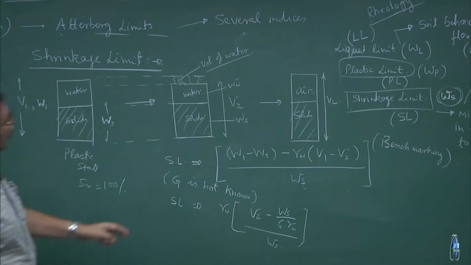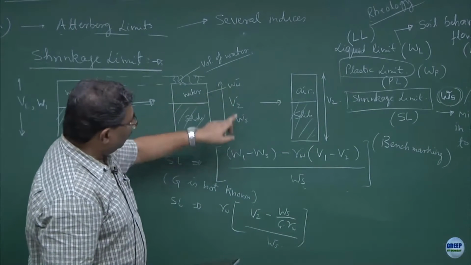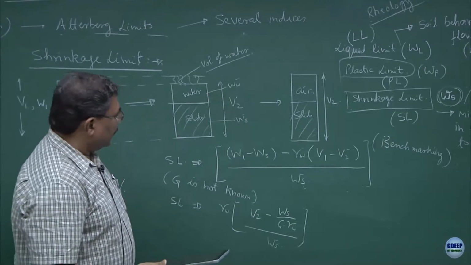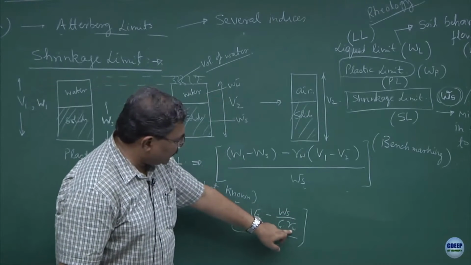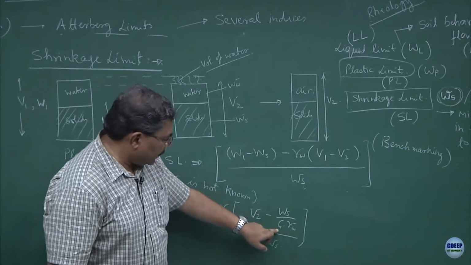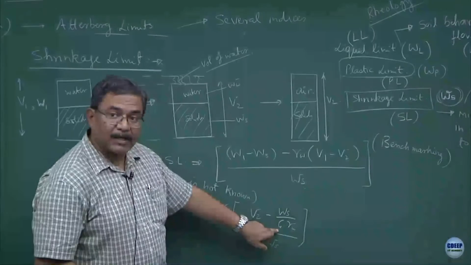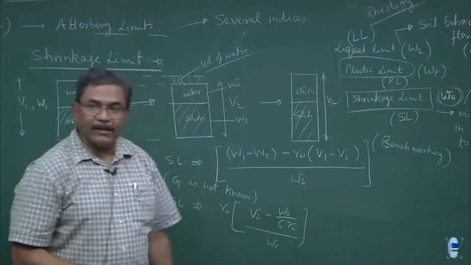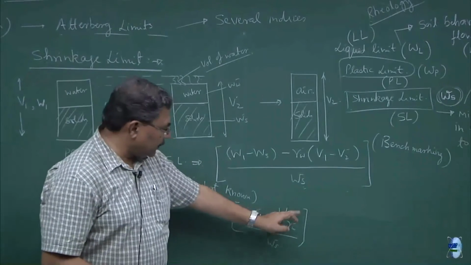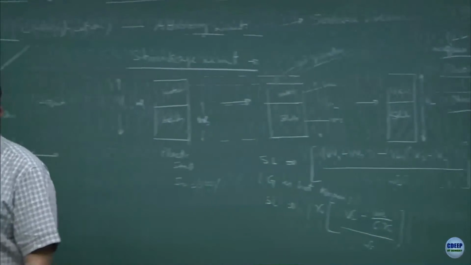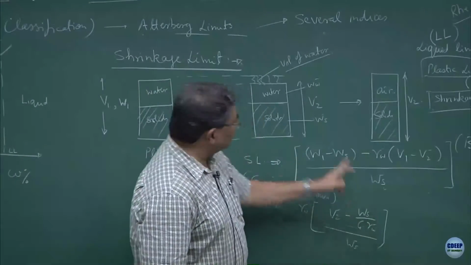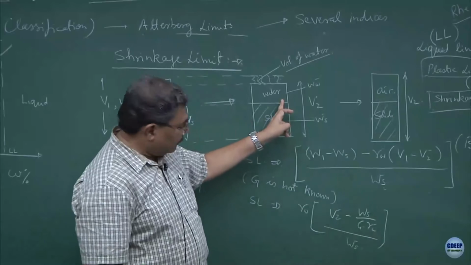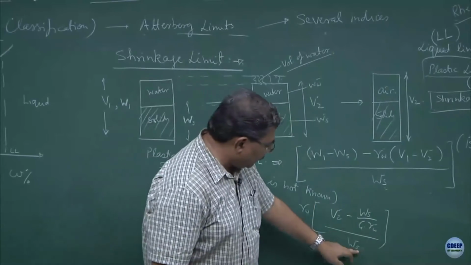The way you would like to read it is final volume of V2, and in this volume Ws upon G gamma W is what? This is the specific gravity of solids multiplied by the unit weight, and this is the weight of the solids. Yes, so this is the volume of the soil mass at this stage, at the shrinkage limit state, divided by the weight of the solids.